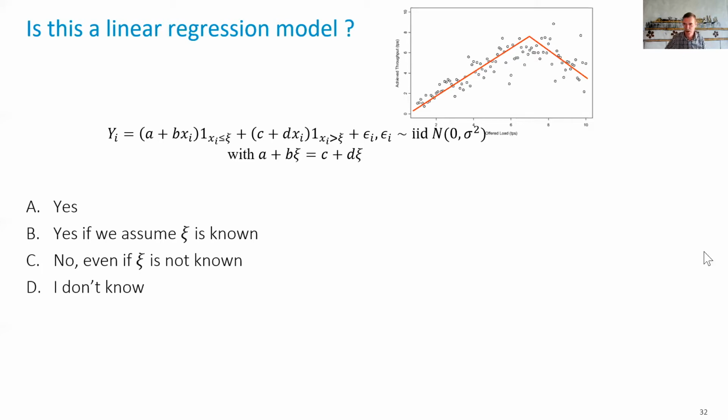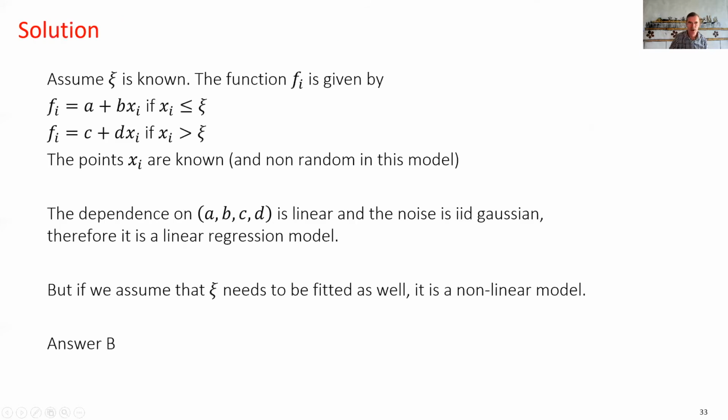The correct answer is yes, but only if we assume that the breakpoint psi is known. If it is known, then the function is given by this here. Since the points xi are known, then this is linear with respect to a, b, c, d. Right, so important thing to remember, the linear model means it's linear with respect to the unknown parameters that we're trying to estimate, which are here a, b, c, d.